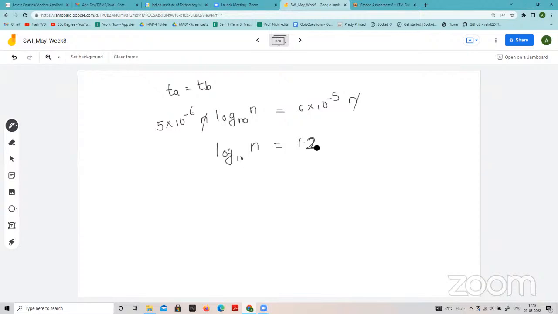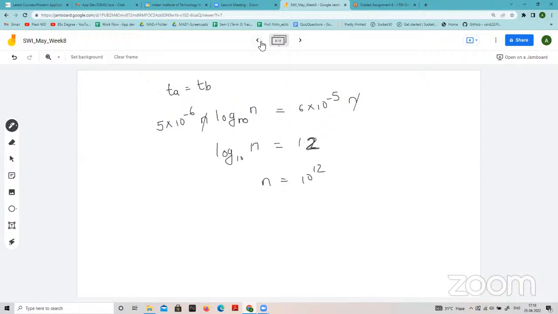Then we will find out what the value of n is. So what is the value of n? n equals 10 raised to power 12, right? n is 10 raised to power 12.